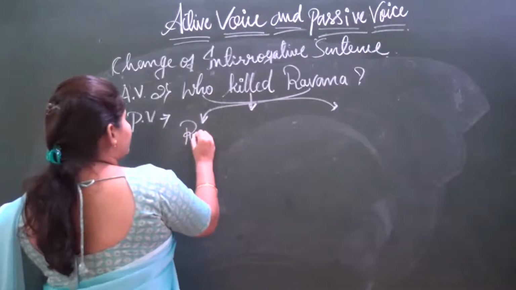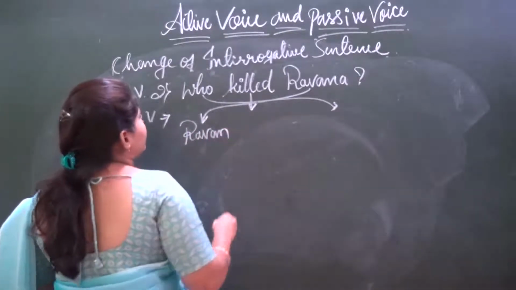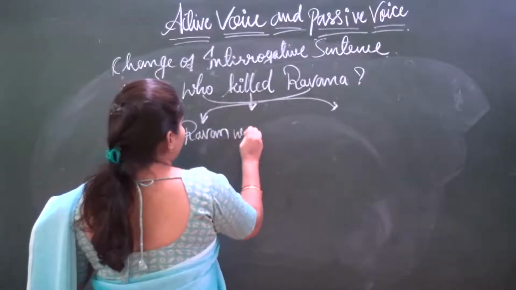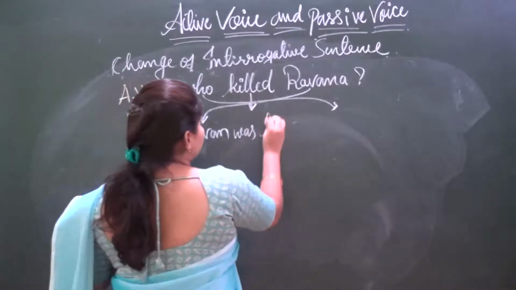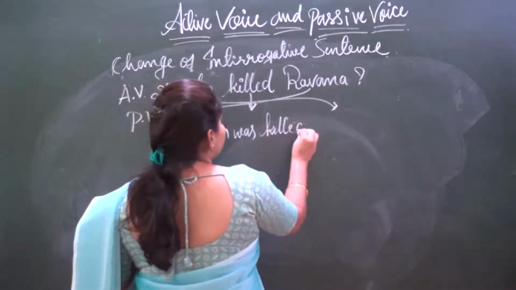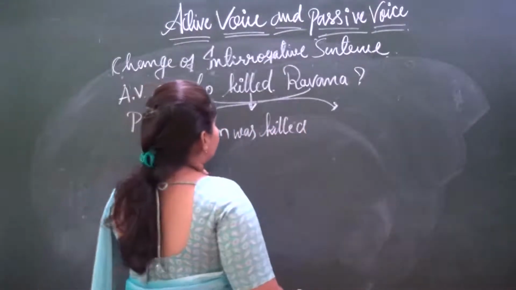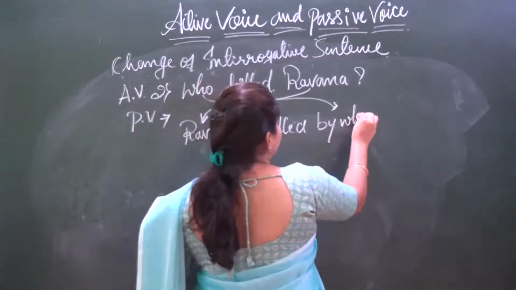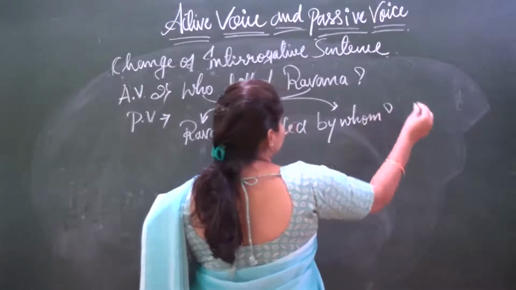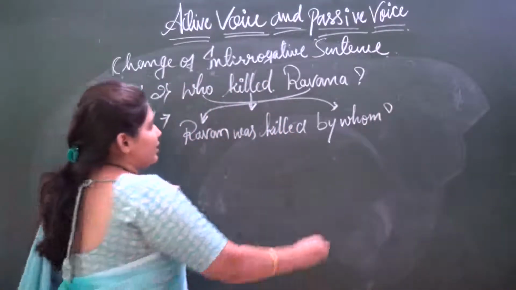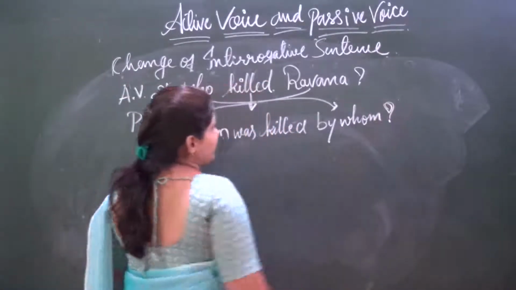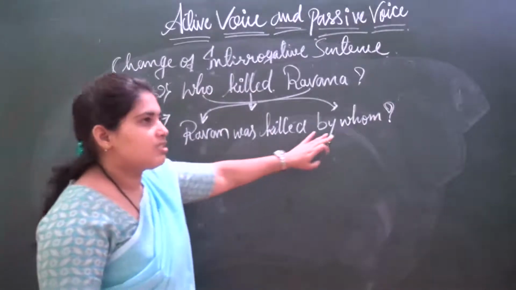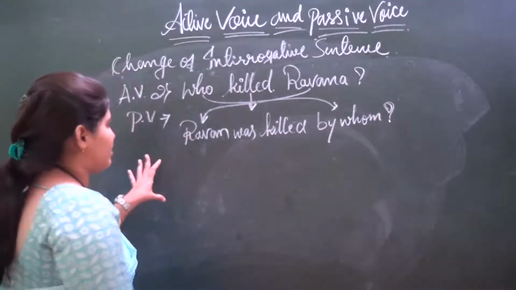Ravana was killed by, this is past tense, okay. Ravana was killed by whom? Just change it into an interrogative sentence.